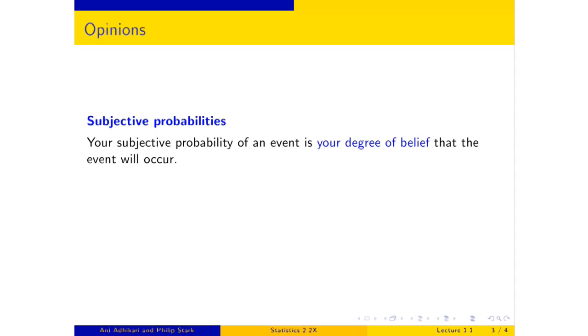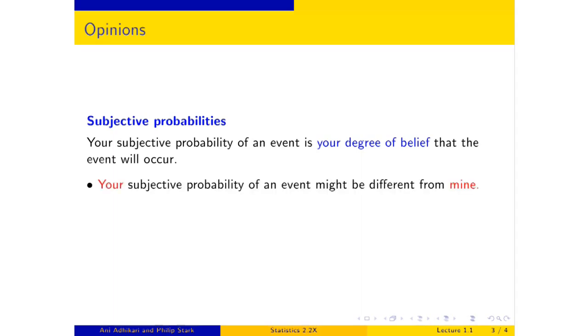This subjective approach to probability gives a lot of people the heebie-jeebies, because people want things to be nailed down and scientific, and you know what? It's perfectly scientific if you know what you have done. If you know, for example, that your subjective probability of an event may be different from mine, in which case your answer is different from mine, if you know that and are aware of that, then you can work with it.